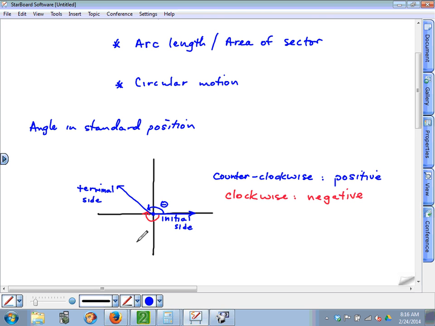Now the reason that we draw these angles in standard position is so we can get an idea of the measure of the angle without having to use a protractor, because we don't have enough protractors to go around. So just a guess, your best guess, what would you say the measure of this angle from here all the way to here? How come we're in the hundreds already? From here to here is 90.